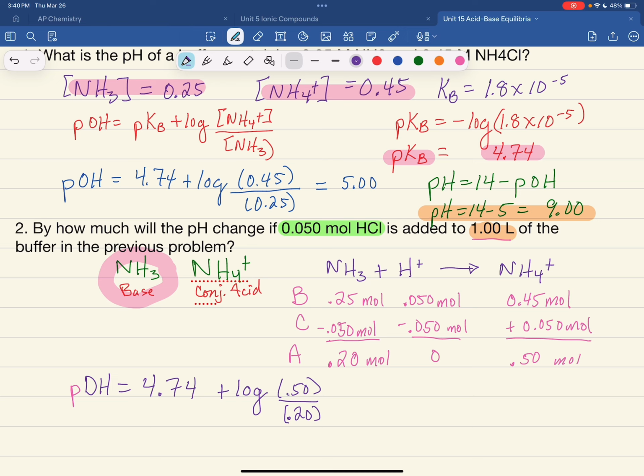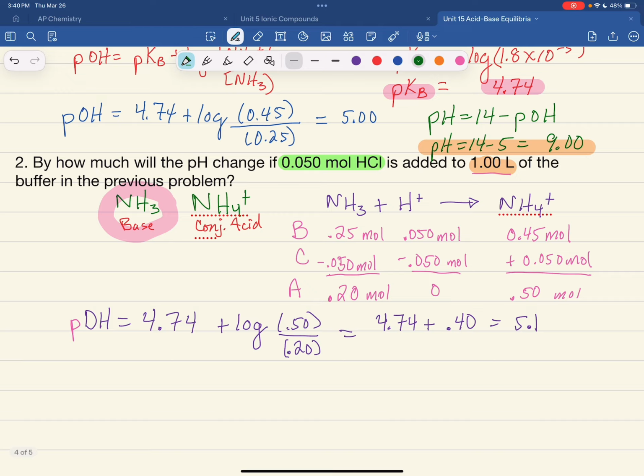Okay, so now I can calculate the answer for my pOH. So my pOH is going to be 4.74 plus 0.4, which gives me 5.1. But that's not my final answer because what I really want to know is the pH. pH is going to be equal to 14 minus pOH.